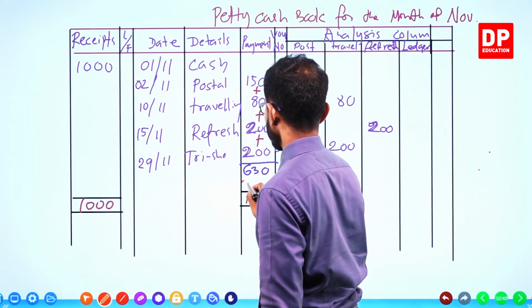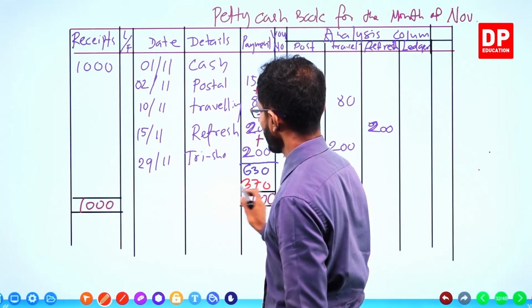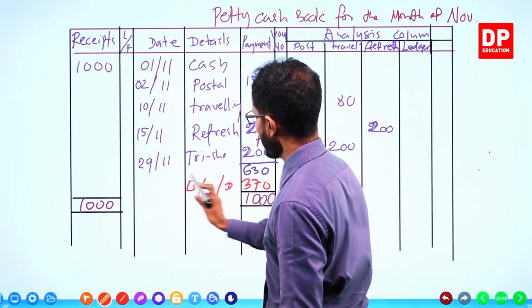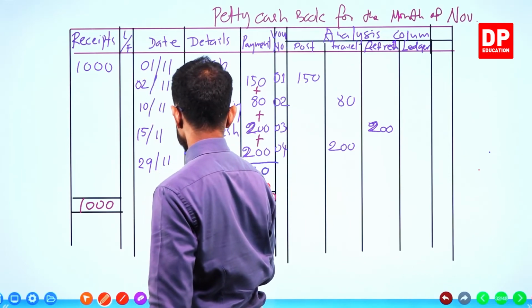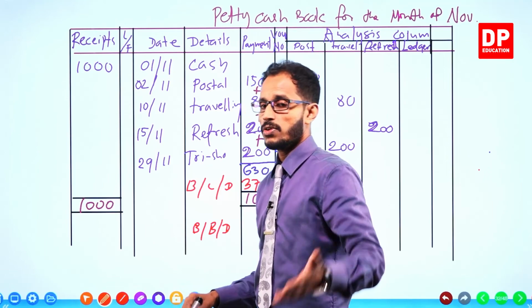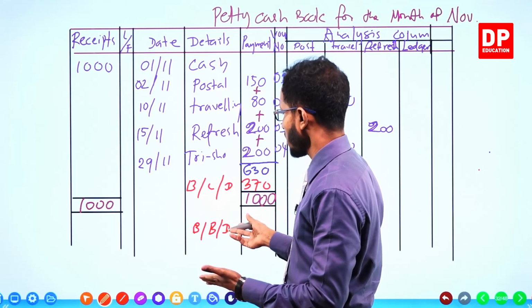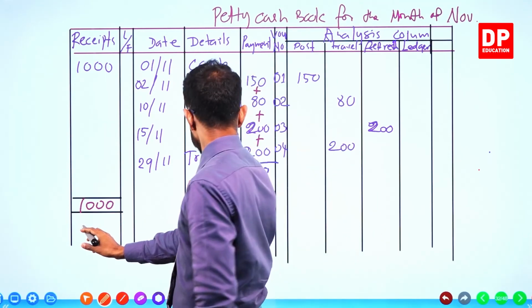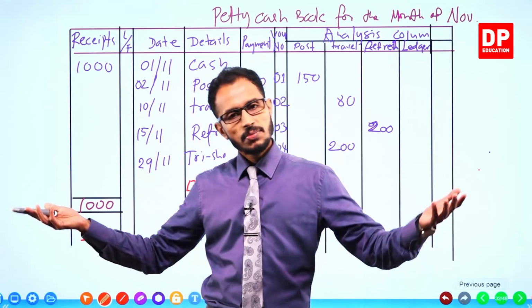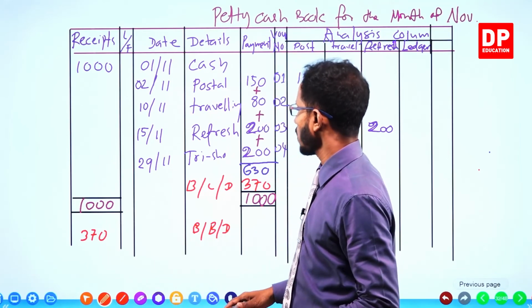You write balance carried down, and you put the balance brought down onto the debit side again, 370. So the balance brought down is mentioned here.